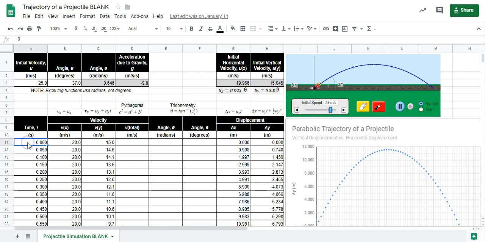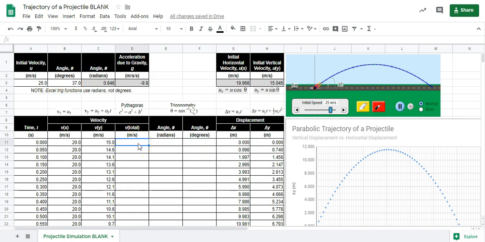So in this part of the table, at 0 at the initial launch moment, these are your, well, rounded up, as you'll see, these are your initial horizontal and vertical components. So they should then add to give 25 meters per second with radians of 0.646 and an angle of 37.